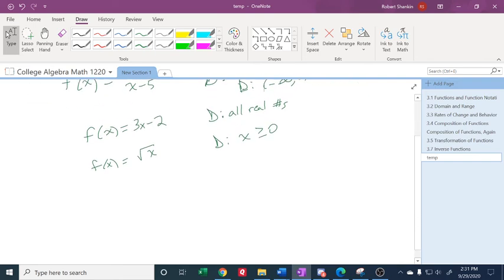Okay. So the problem that you had was kind of similar to this. It wasn't exactly this, but it's kind of similar. Now, what you would have to do to see what numbers x can't equal is you'd first have to factor this out.